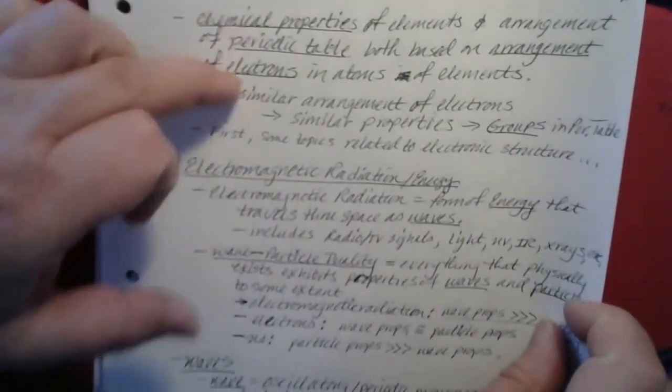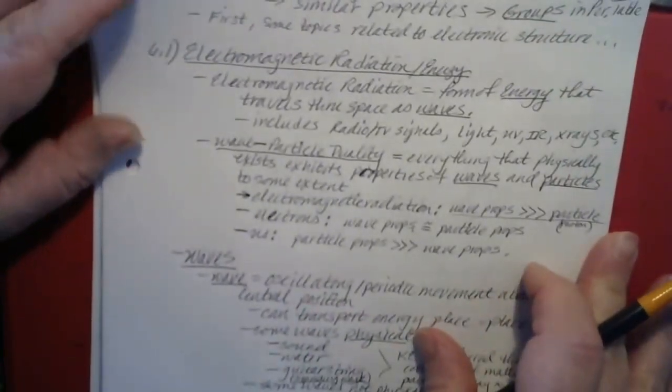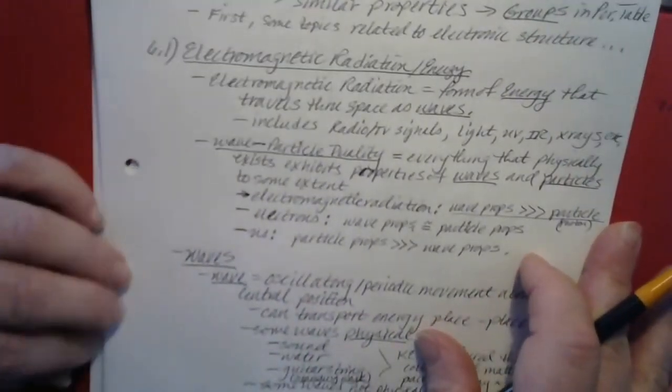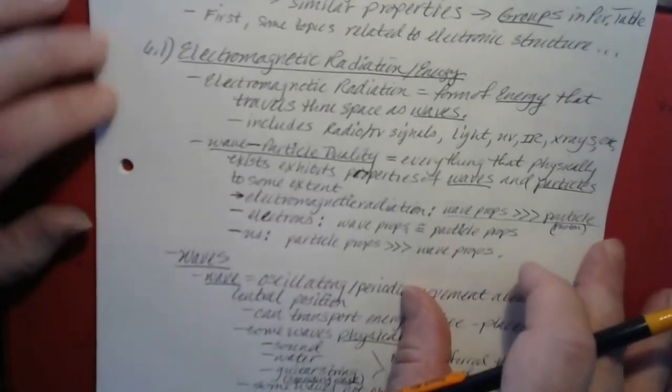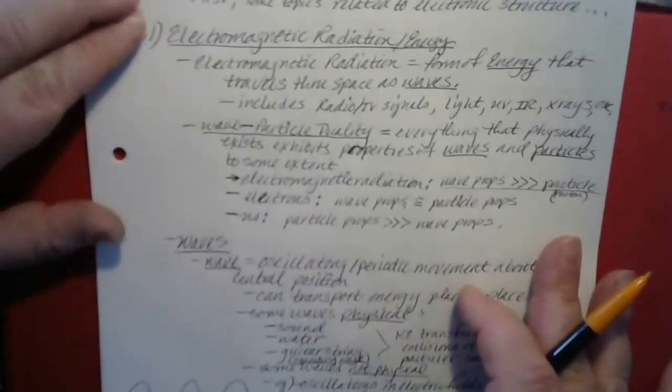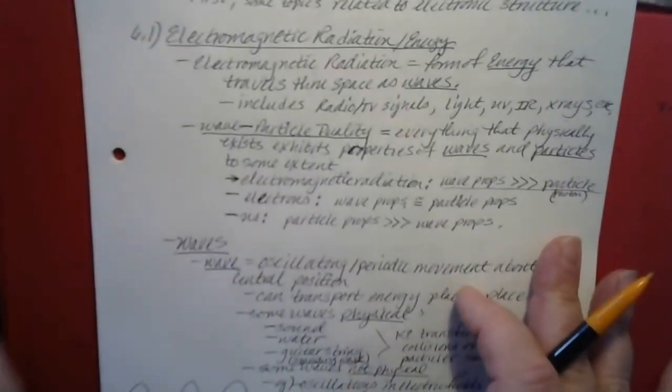We're working our way to this, because we have to have some background information in order to understand how we came to our current understanding of the structure of electrons within an atom and how they relate to chemical properties.